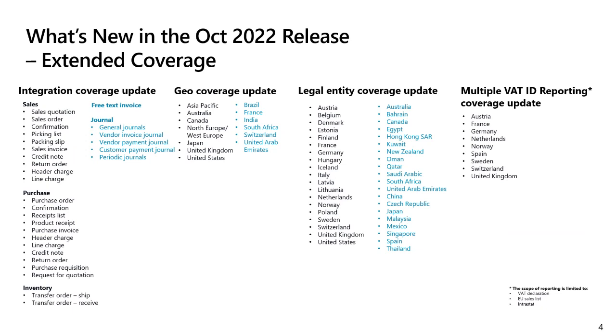And for the multiple VAT ID reporting, Belgium, Denmark, Finland, and Poland will be supported, which means in total 13 country regions tax reporting can be supported by the multiple VAT ID out of box.